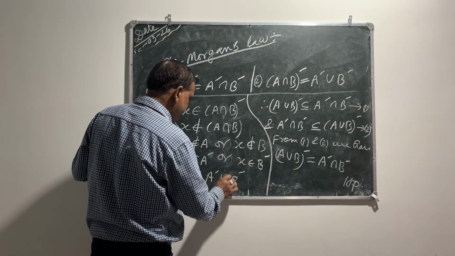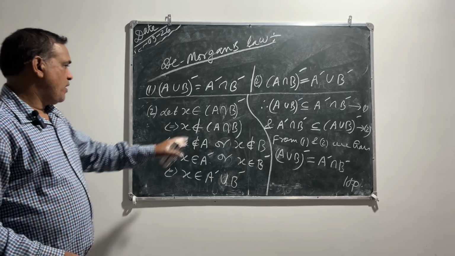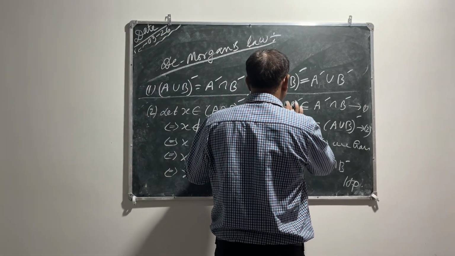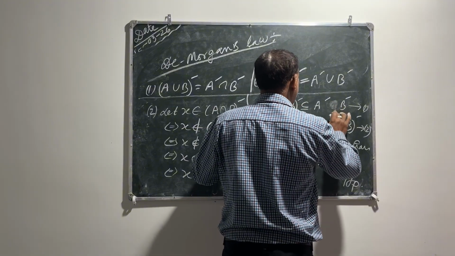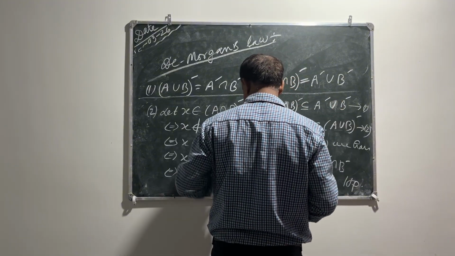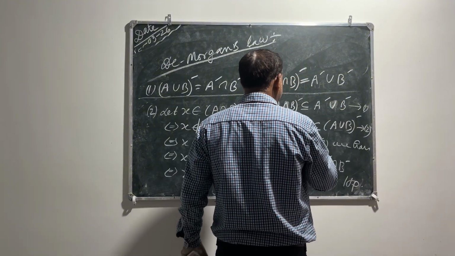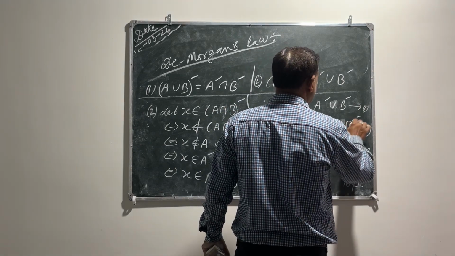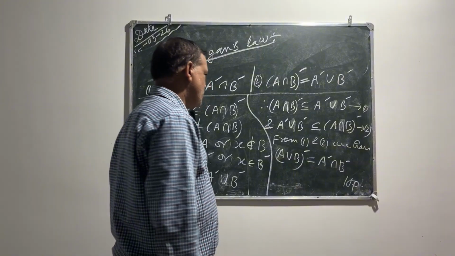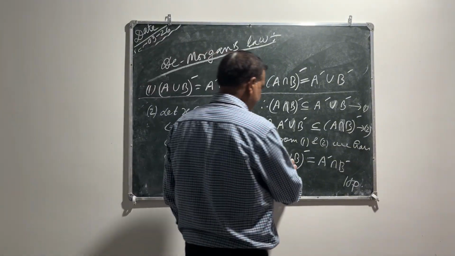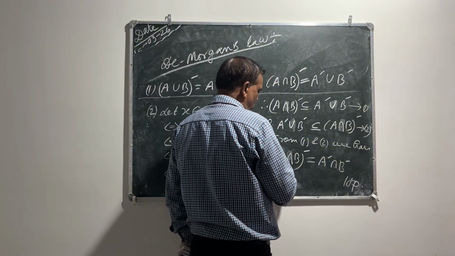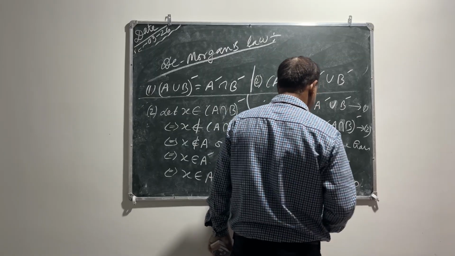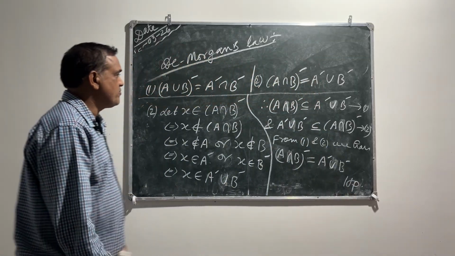Or means union. Therefore, (A intersection B) whole complement will be a subset of A dash union B dash, and A dash union B dash will be a subset of (A intersection B) whole complement. So finally, combining 1 and 2, we have (A intersection B) whole complement equal to A dash union B dash. This is the whole proof of the second one.